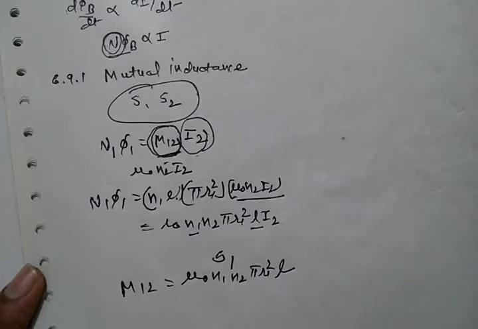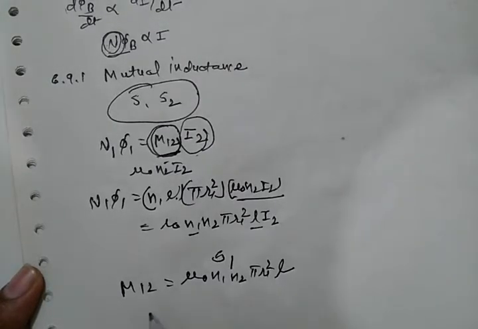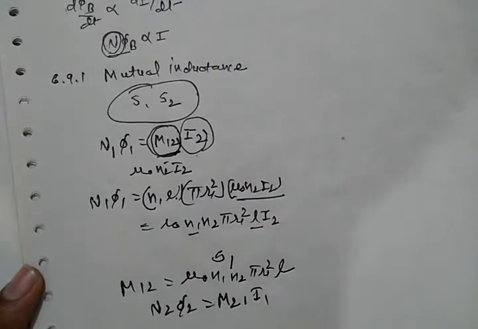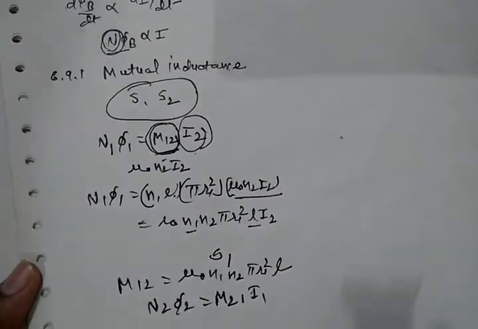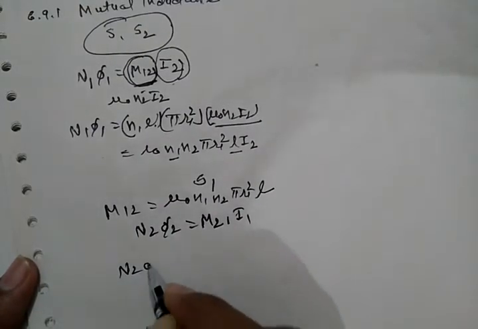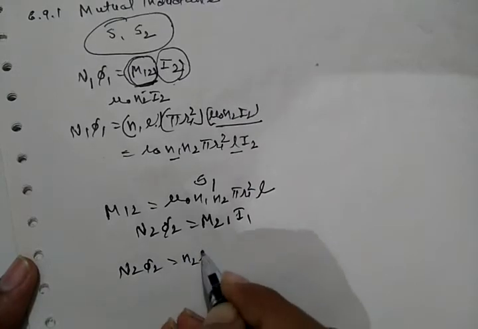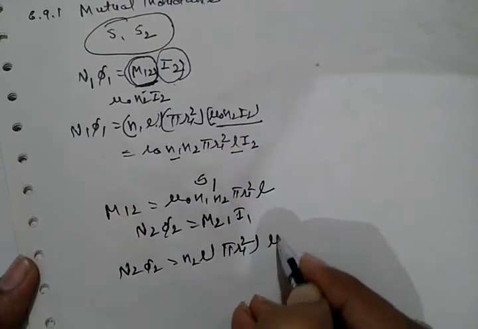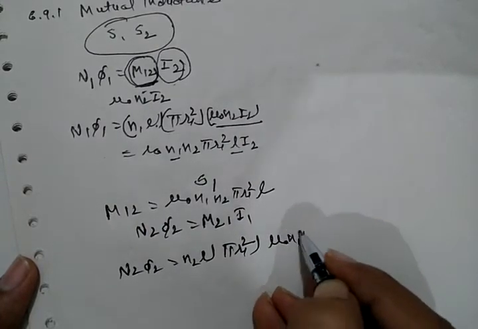Now we consider the reverse case. In the reverse case, current I1 is passed through solenoid S1. So the flux linkage with coil S2, N2 phi2, is equal to M21 I1. Again, N2 phi2 is equal to N2 L pi R1 square times mu 0 N1 I1.